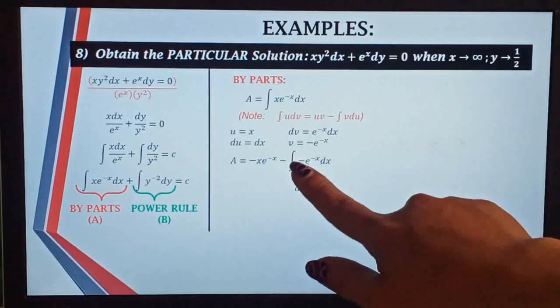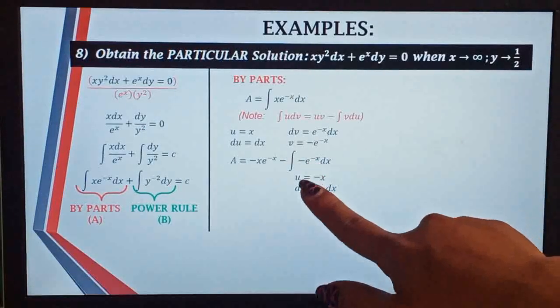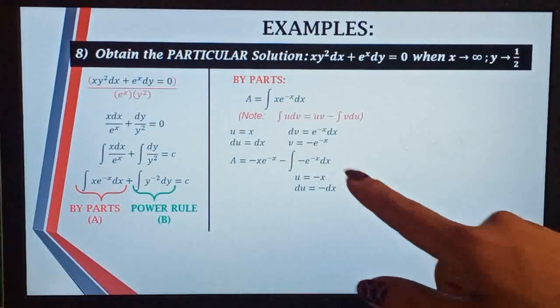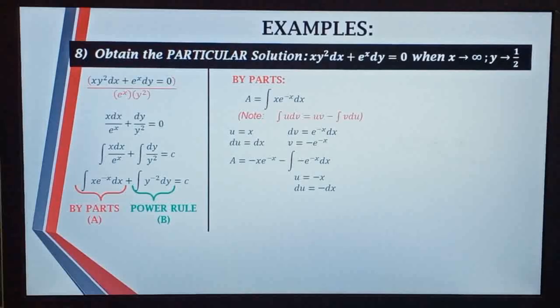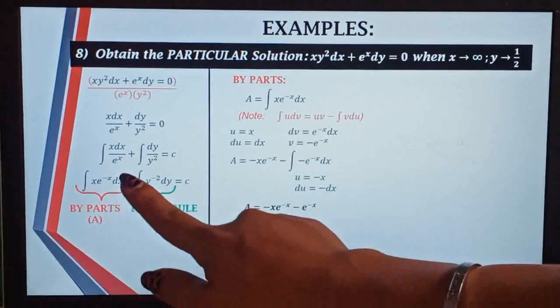Then the integral of e raised to u du is simply e raised to u. So we will now have the value of A as negative x e raised to negative x minus e raised to negative x. And that is the integral of the first term.